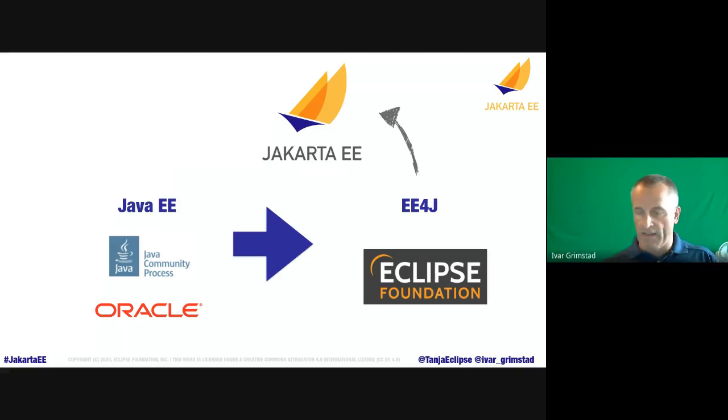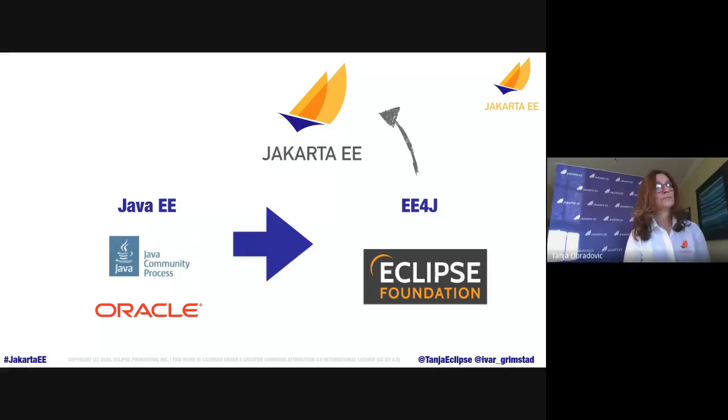In 2017, we started the transfer from the JCP over to Eclipse Foundation. It's not only the specifications, it's also the technologies that implement the specifications. These were moved over to Eclipse Foundation under the EE4J projects. Based on these projects, we produced the specifications that are the foundation of Jakarta EE.